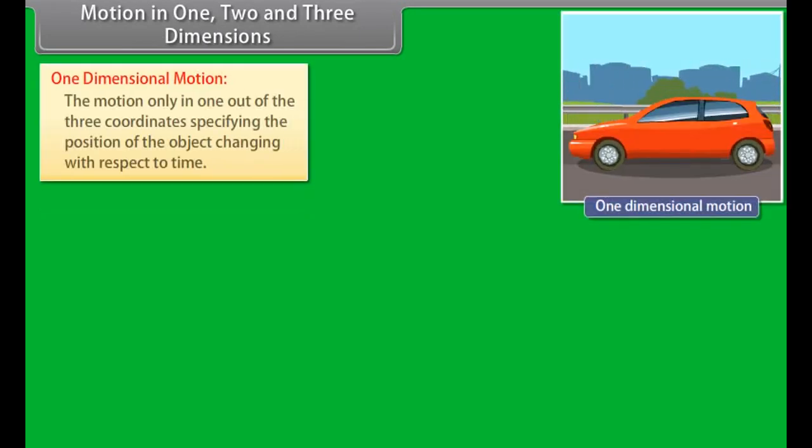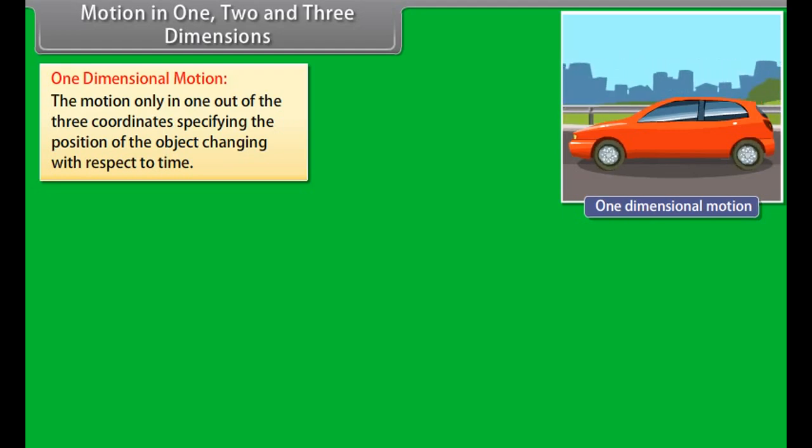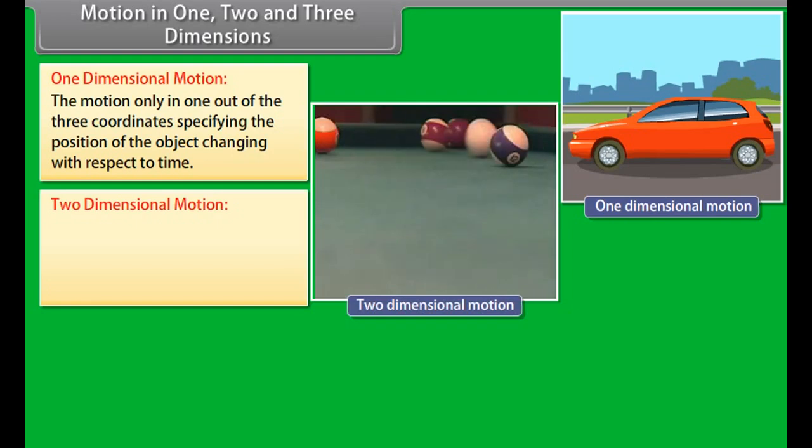Motion in 1, 2, and 3 dimensions. One-dimensional motion. The motion in which only one out of 3 coordinates specifying the position of the object changes with respect to time. Example: a car traveling in a straight line. Two-dimensional motion.